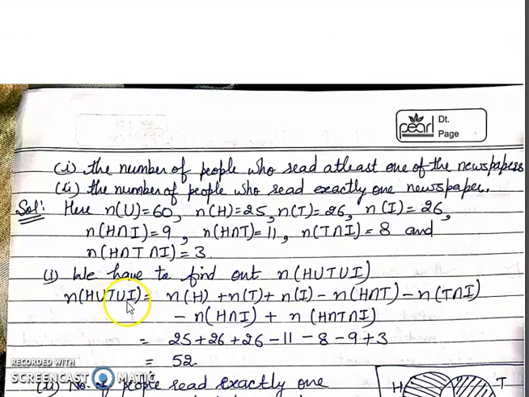H union T union I means first we take the number of elements in one set, NH plus NT plus NI, minus, then we take two at a time with intersection, H intersection T, T intersection I and H intersection I. Subtract these 3, plus H intersection T intersection I. All these values are given to us. We put in these values and we get the answer 52.